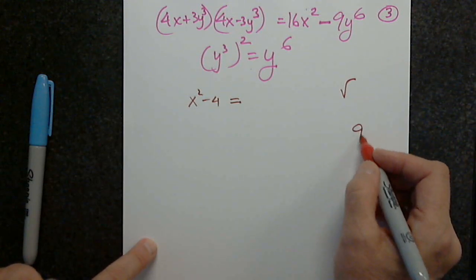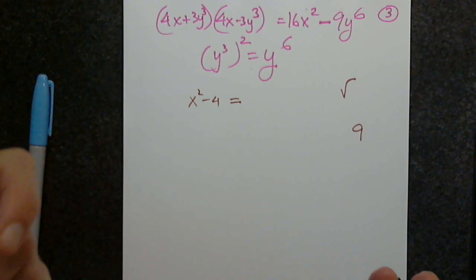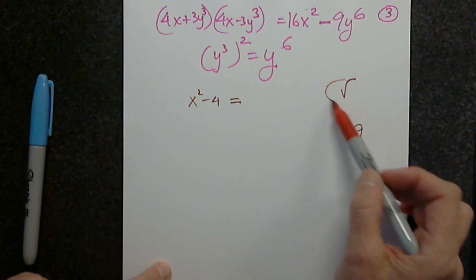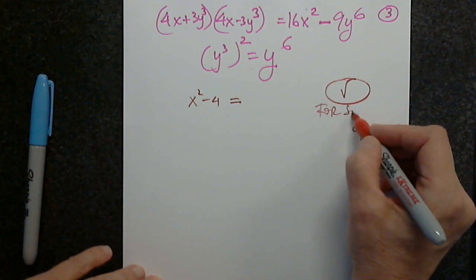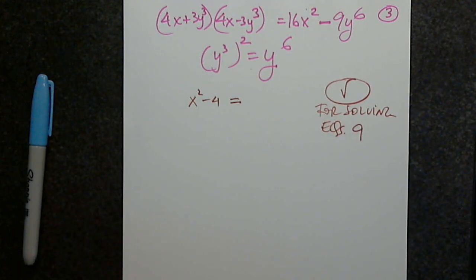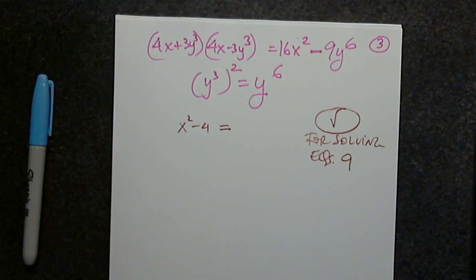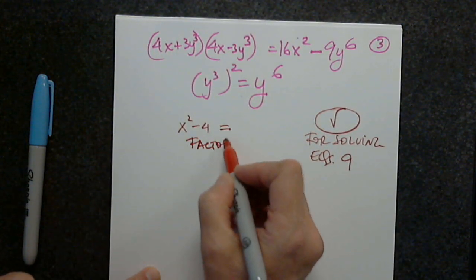If I have, let's say, $9 in my pocket, and I decide, oh, let me take the square root. Unless I solve an equation, the square root property is not applicable. So this is only for solving equations. It's very important to talk about that early. No, the question is how to factor this.